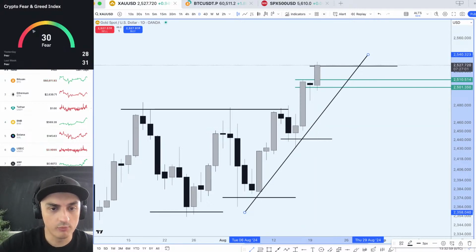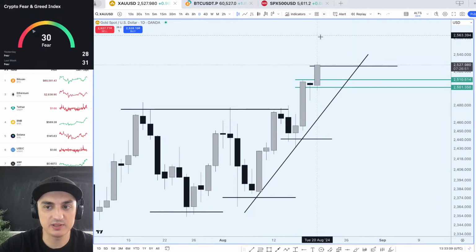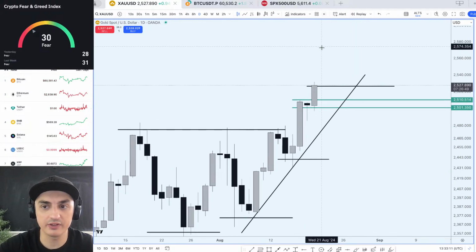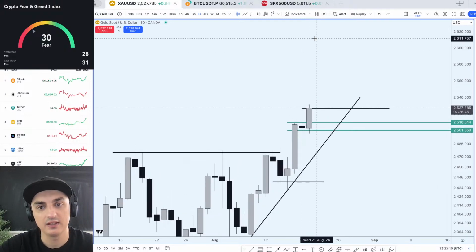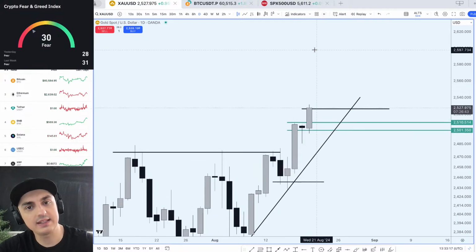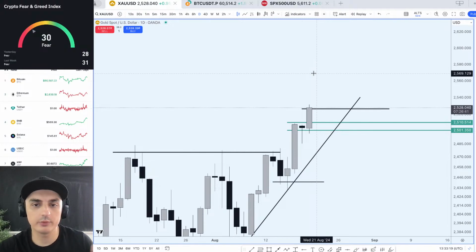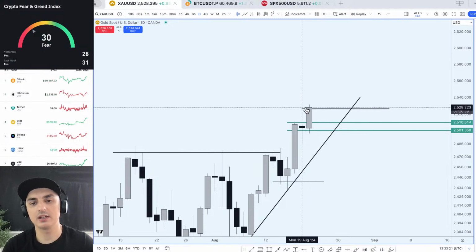Could we go more to the upside on gold? That is a possibility. The next level is 2550, then 2600, and things like this. So we're stepping up in numbers kind of slowly.